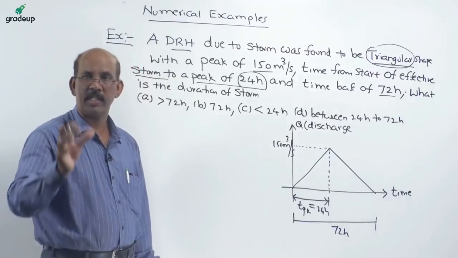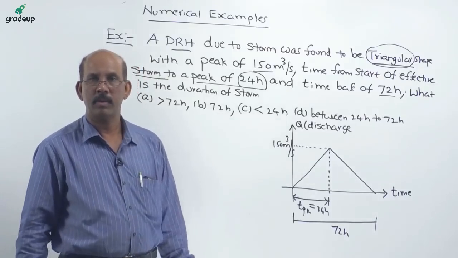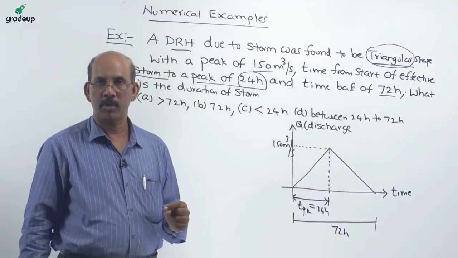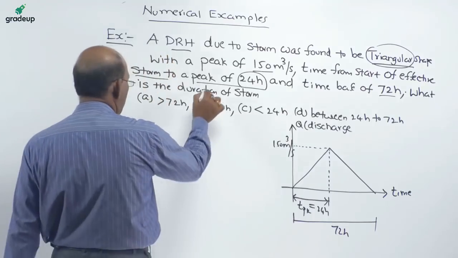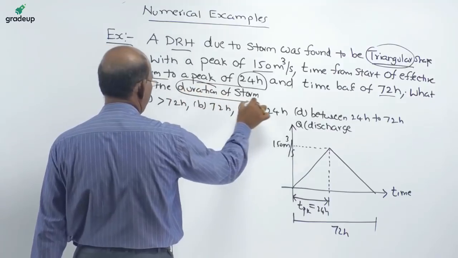This is the 72 hours. Now, we can compute from this particular example what the duration of the storm is.